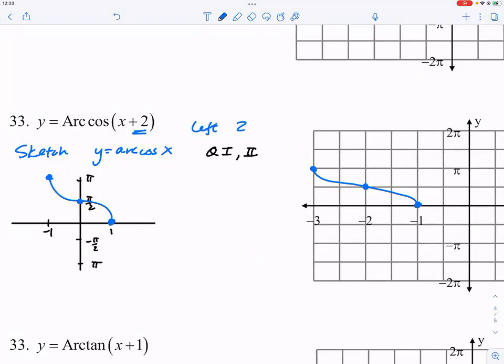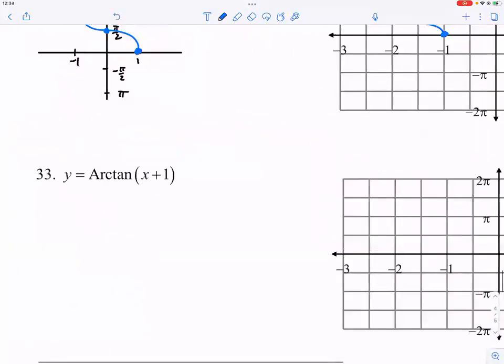So make sure you sketch the parent function first. Don't overload yourself. It's not a good time to overload yourself.